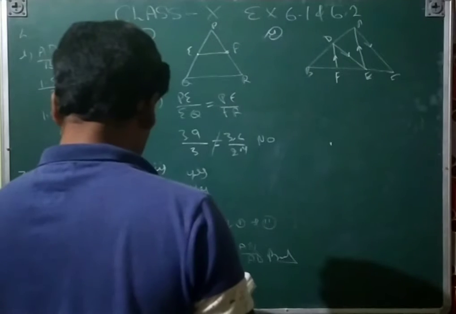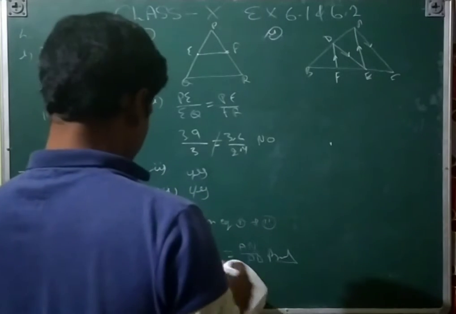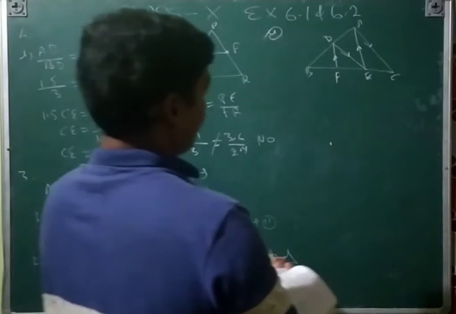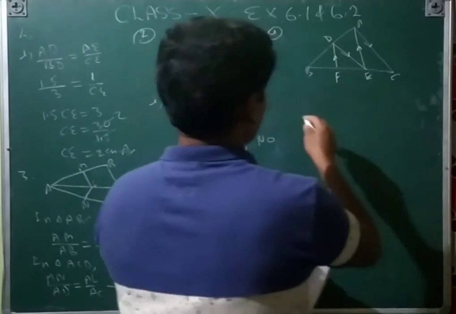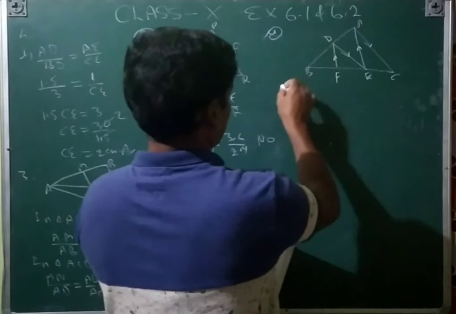So we need to prove BF upon FE. First of all we take the larger triangle.